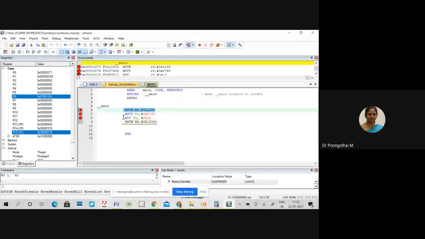Now your R6 holds 87651234. That is, 8765 is the upper half word and 1234 is the lower half word. Next, your R5 is loaded with 12, and after that I am going to execute this move not instruction.